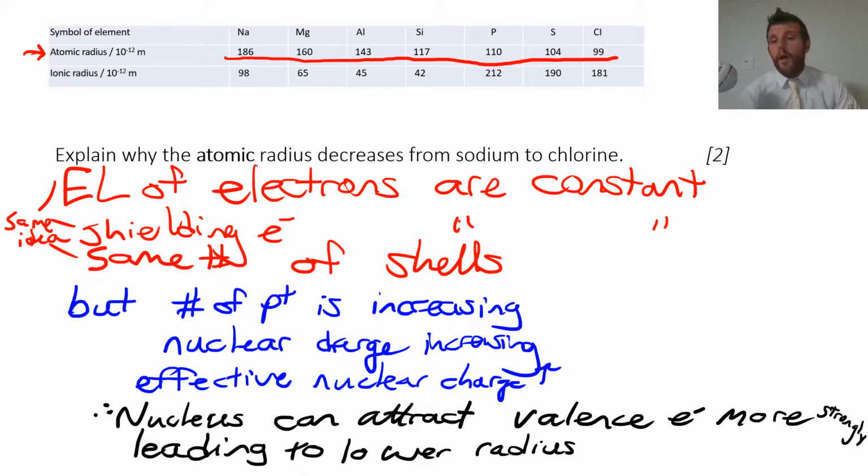That's not so bad. So the trick with these questions is I'm not sure. It's a 2-mark question, and I'm not sure which one of these 3 bits they're looking for in terms of the mark. So if I were you guys, I would get in the habit of always referencing the number of energy levels of electrons, the number of protons, so what's happening between those two, and then describe or explain that the nucleus now has a stronger nuclear charge, therefore it can attract them more strongly.